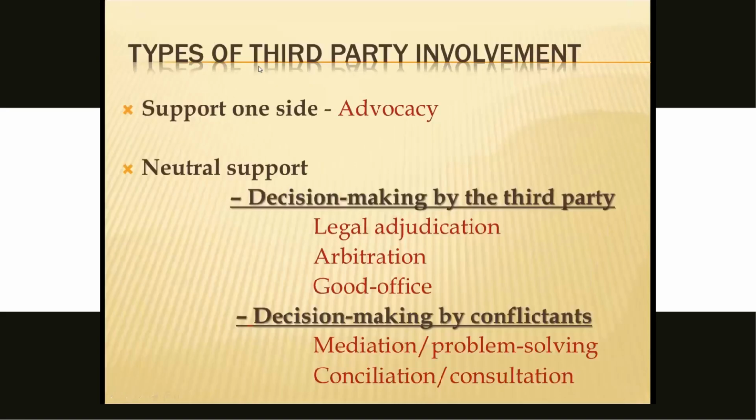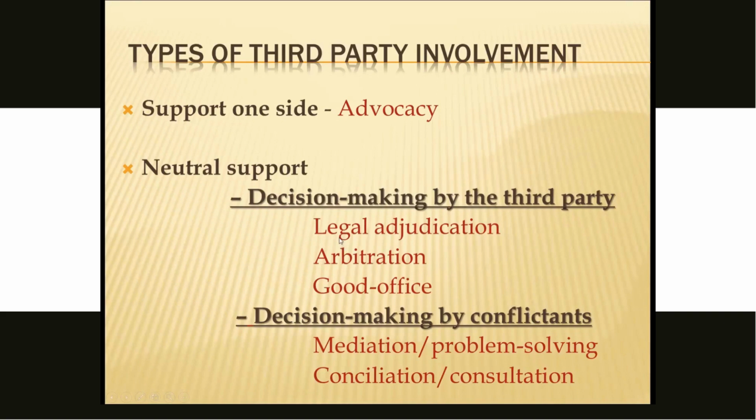There are different types of third party intervention. When a third party intervenes in a neutral position, final decisions are sometimes made by the third party, sometimes decisions are made by the conflictants.